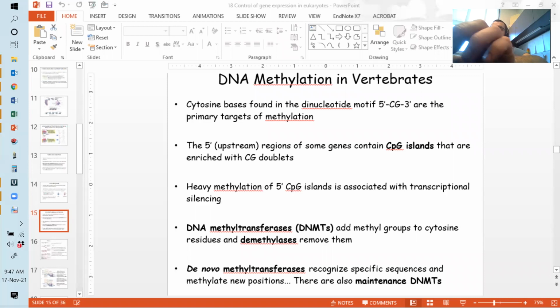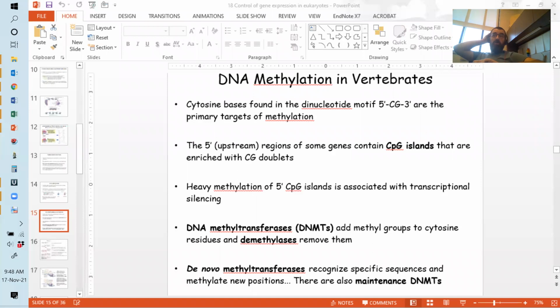And then DNA methyltransferases, or DNMTs, add methyl groups, which equals gene silencing.